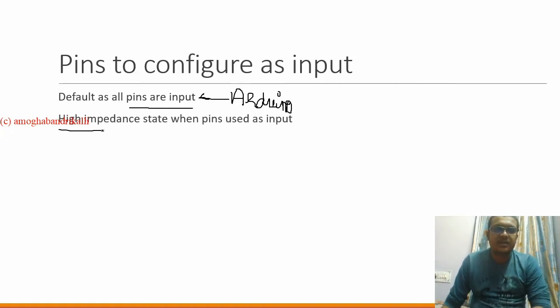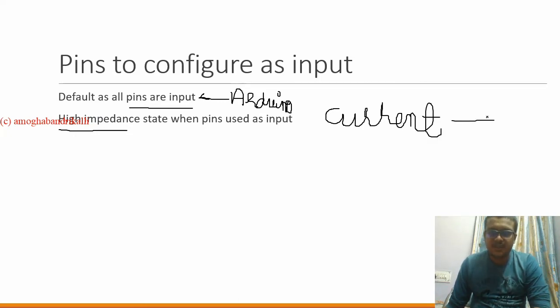Whenever the pins are in input mode, they will be in a high impedance state. So what does this high impedance state mean? It is not going to give any amount of current to the pins of the devices which have been connected.